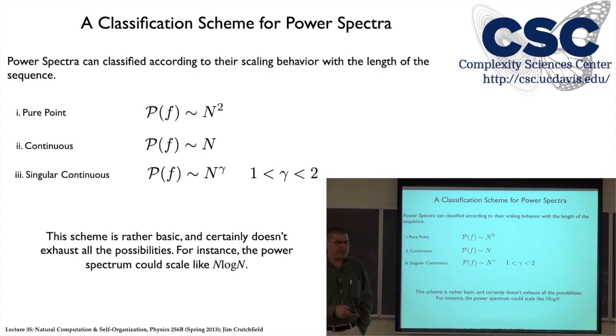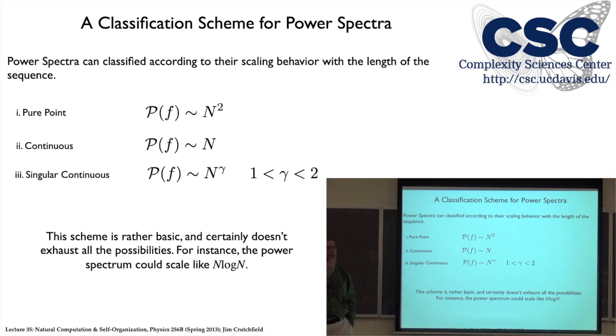I usually say Morse, but some people say the reverse, and then some people add Prouhet into the name too, but I'll call it the Morse sequence, which actually scales this way. Power spectra that look like this look very funny. They turn out to have fractal properties, and when I show you one, you'll see that it looks very, very different from anything else that I will have shown you. Questions?